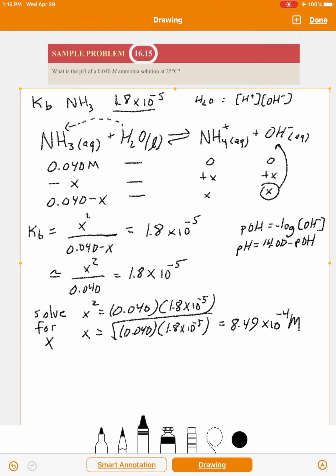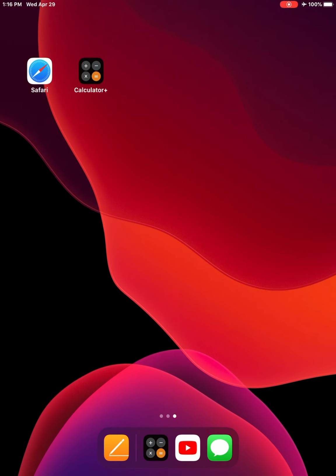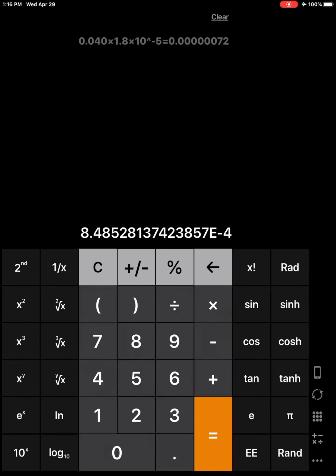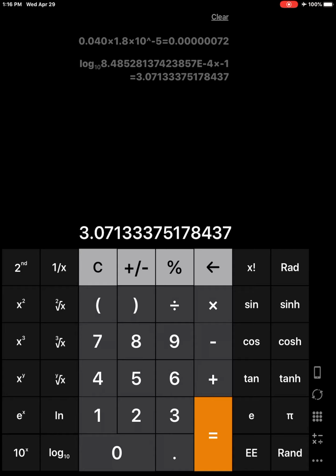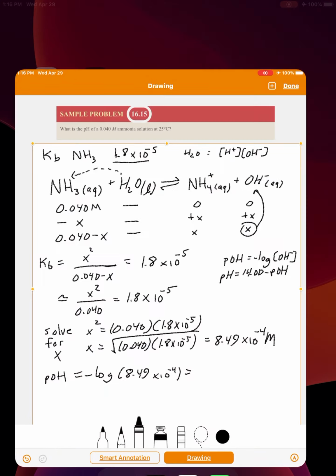Okay, so let's find the pOH then. pOH is the negative log of x, right? Because x is equal to the hydroxide concentration. Okay, so we're going to take the negative log of that. Log times minus 1. 3.07. And just be careful, this is not the pH.